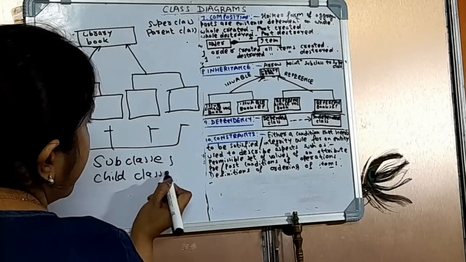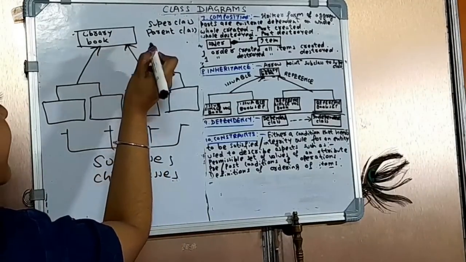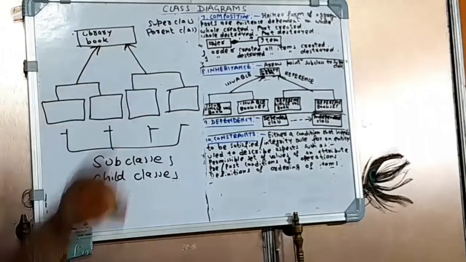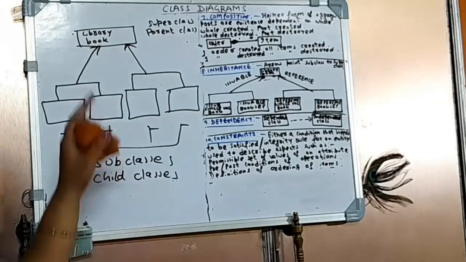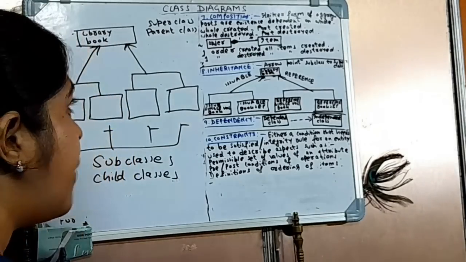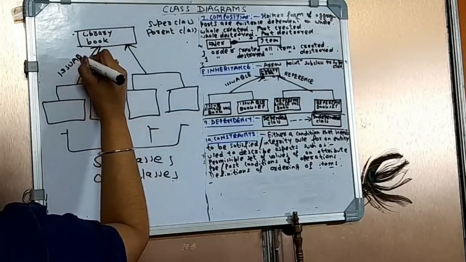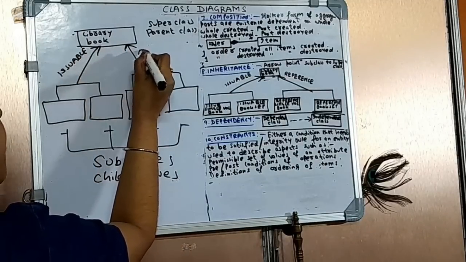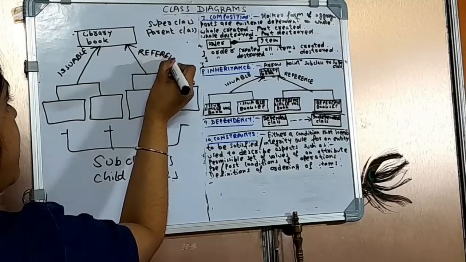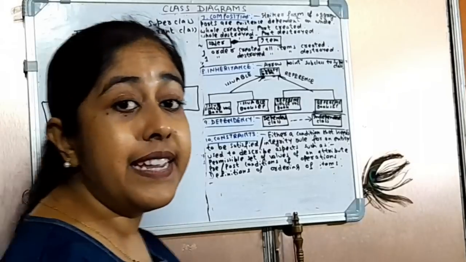So what are they going to do? They are going to inherit. My arrowhead goes like this. Since these are the subclasses, the arrowhead will be from subclass to superclass. Then here, library book. Now what kind of library book? The first is issuable, and this is reference. These are the two things which are going to be inherited.